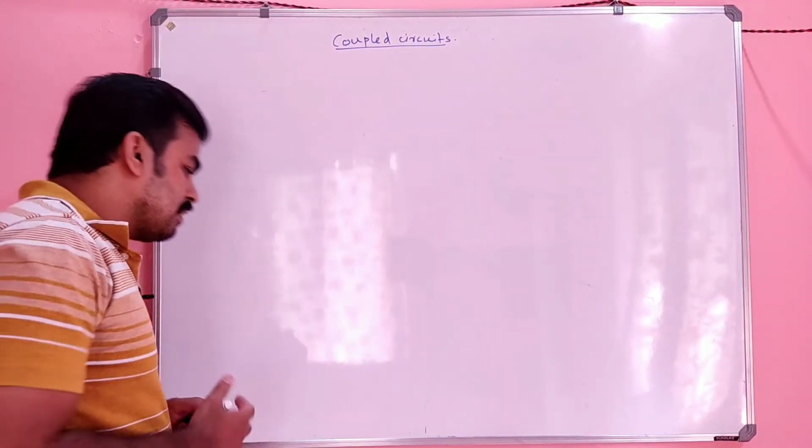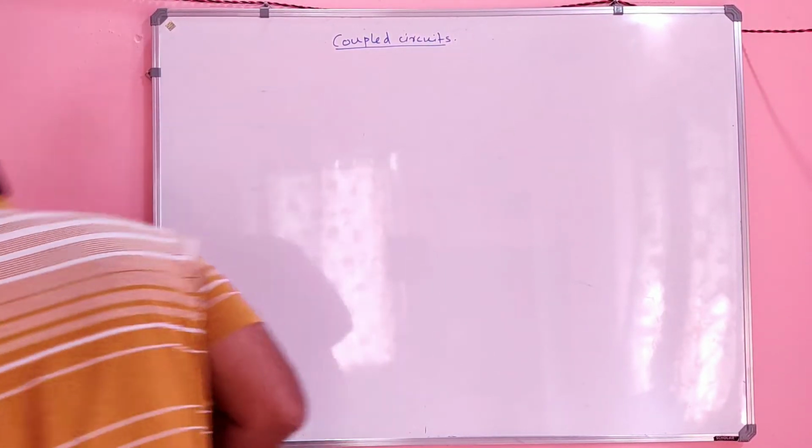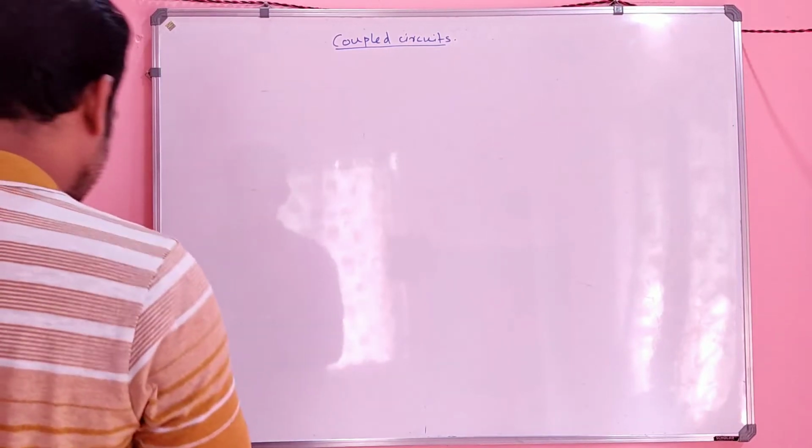So let's see a basic coupled circuit, and we have to derive some very important relations from that.